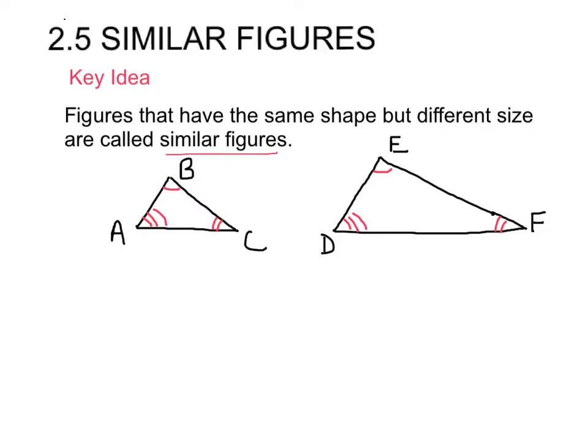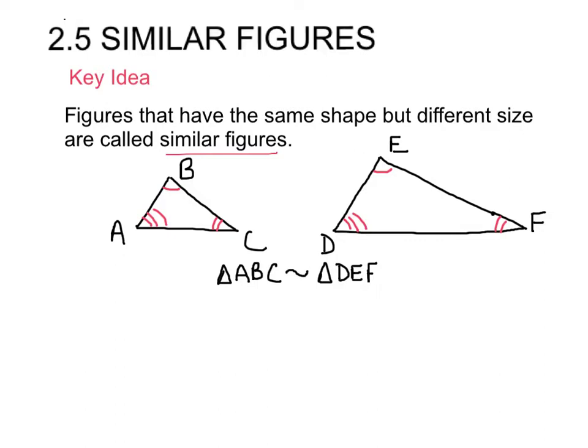Now, in order to say that things are similar, we're going to state that these two triangles are similar. We're going to say triangle ABC. Now, similar is just a wavy line. Is similar to triangle DEF. So that's how we would say that two triangles are similar.